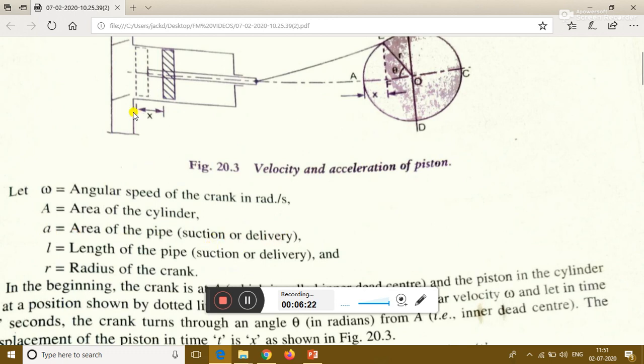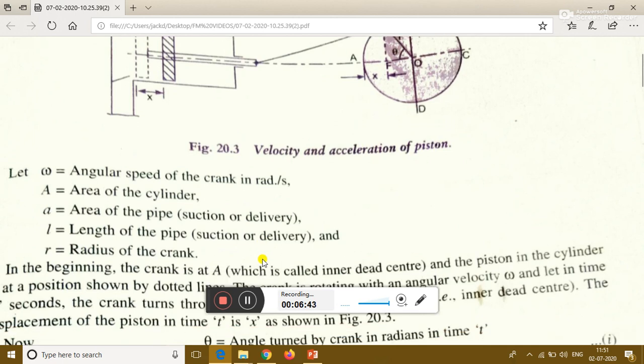We are taking the suction and delivery pipes to have the same area, and it's represented by small a. Now small l is the length of the suction or delivery pipe. Both pipes are taken to be of the same length. Then R is the radius of the crank. This is all given here.